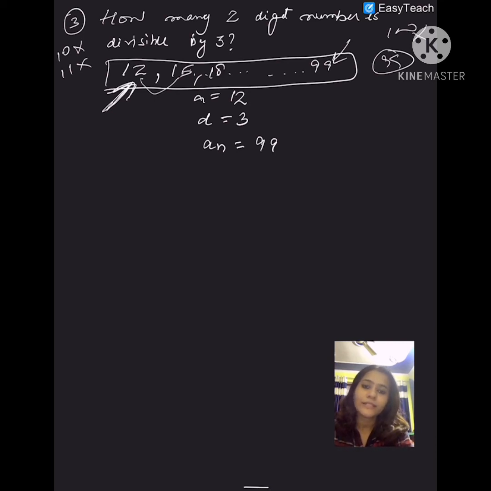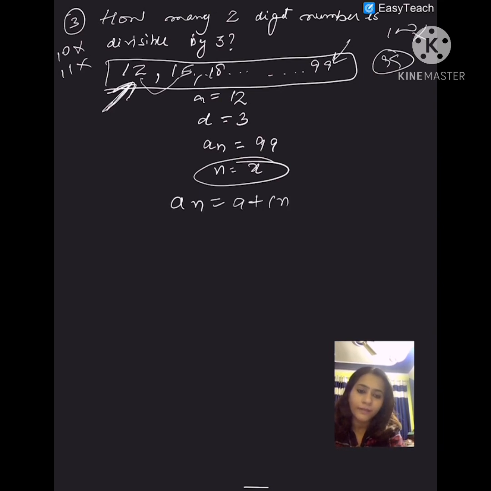a is equal to 12, d is equal to 3, and the nth term here is 99. Now you have to calculate n, that is, how many two-digit numbers are divisible by 3. So here we know the formula: a plus n minus 1 d. Here the nth term is 99 and a here is 12.